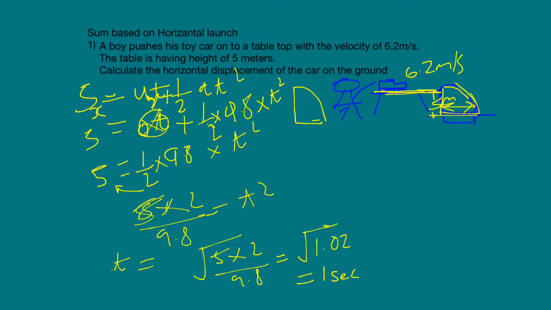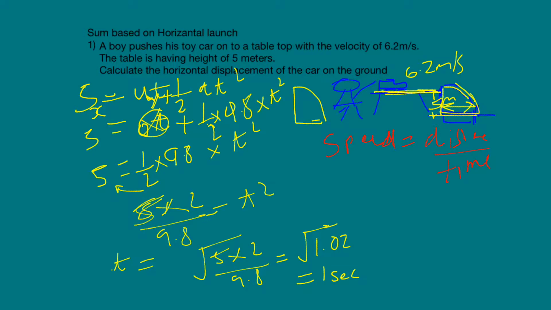So we will use this formula, speed equals distance upon time. Now we will substitute the values whatever we know. Speed we know very well, they have given the speed as 6.2 meters per second.